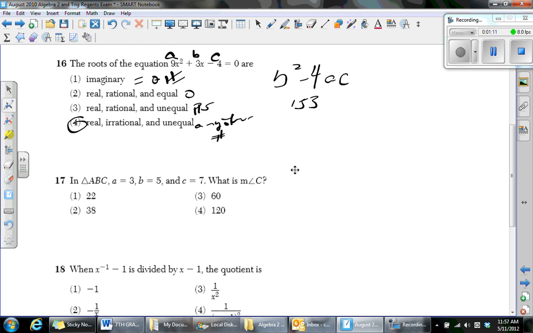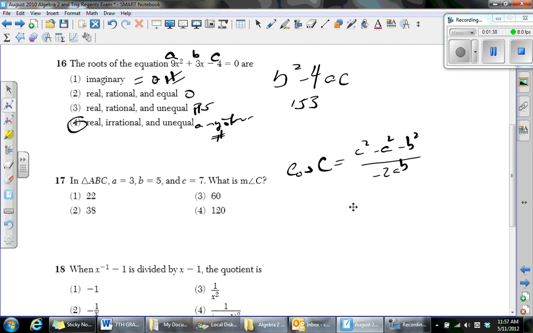Alright. What is the value of angle C? We know that we're going to use a version of cosine. Cosine C is equal to C squared minus A squared minus B squared over negative 2AB.